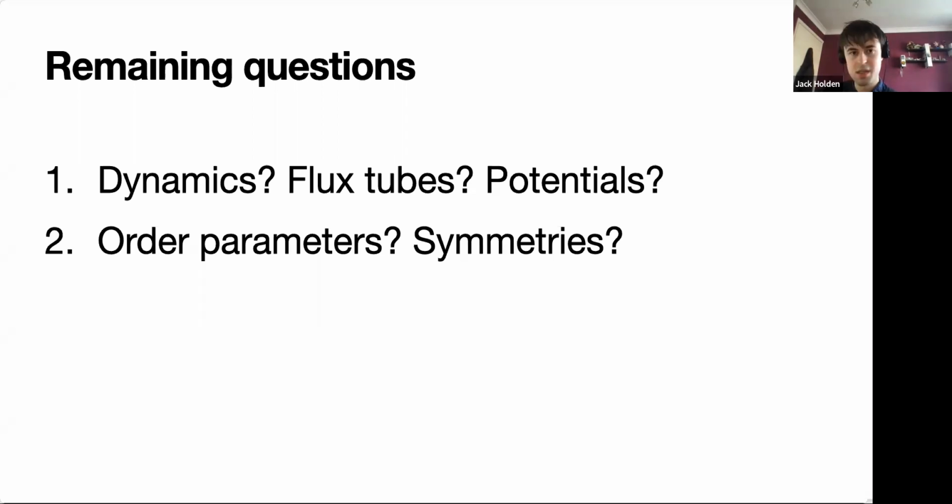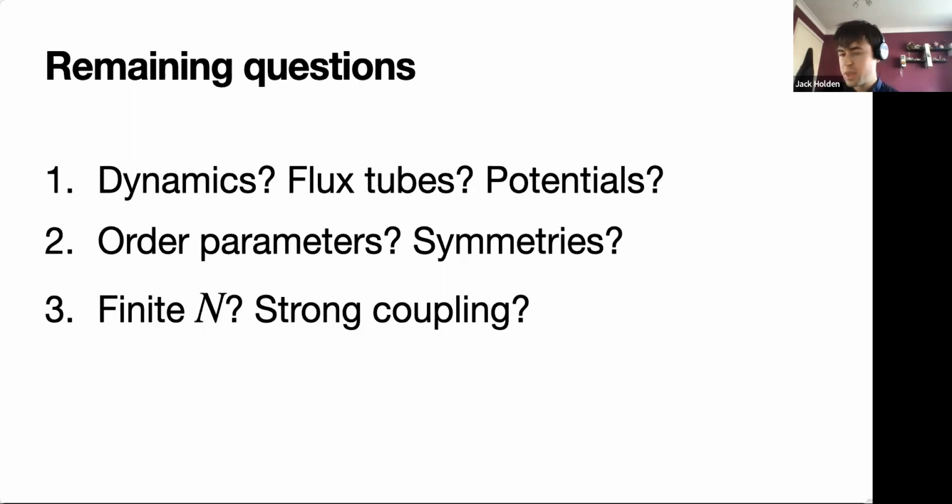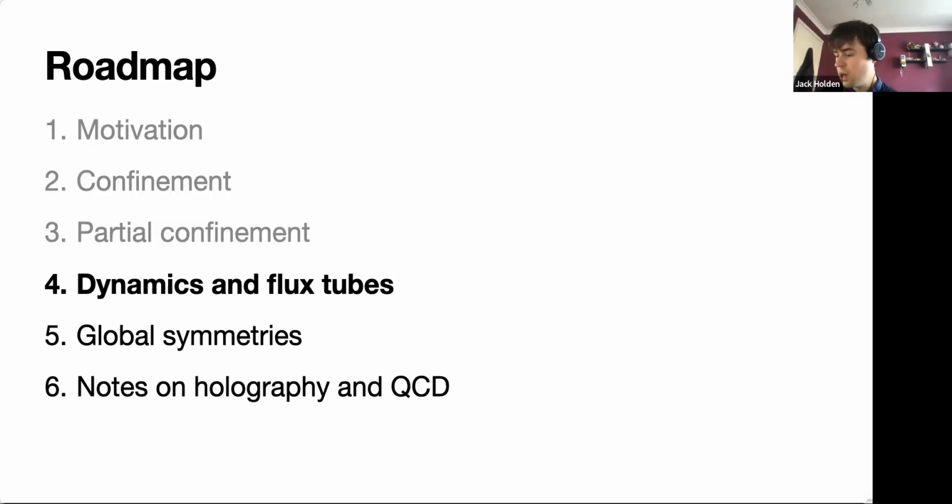Next, we know that center symmetry is an order parameter for the fully confined phase, but are there order parameters for the partially confined phase associated with global symmetries? And finally, everything I've said has only been precise in the large N limit, and we want to find a way to talk about the partially confined phase at finite N. I'll answer these questions in the next two sections.